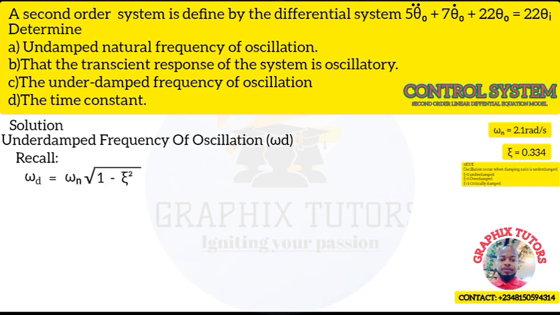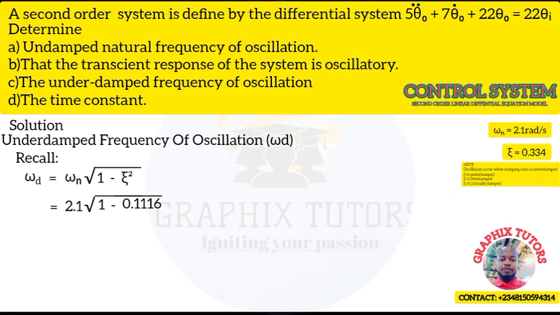If you input your parameters, omega sub d equals our natural frequency 2.1 multiplied by the square root of 1 minus zeta square. Zeta is 0.334 all square.